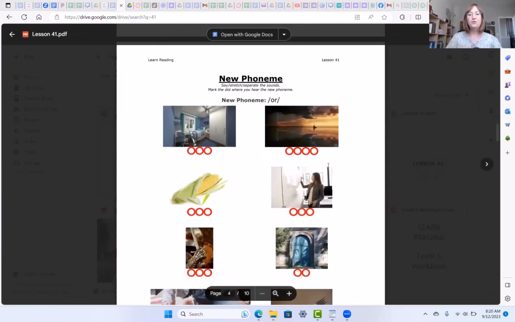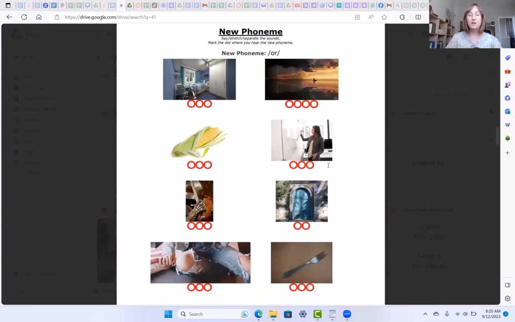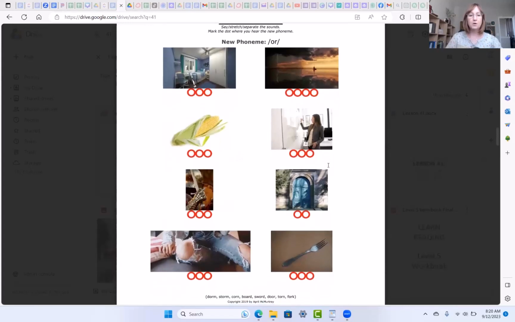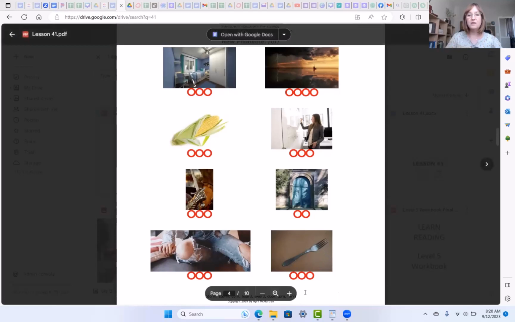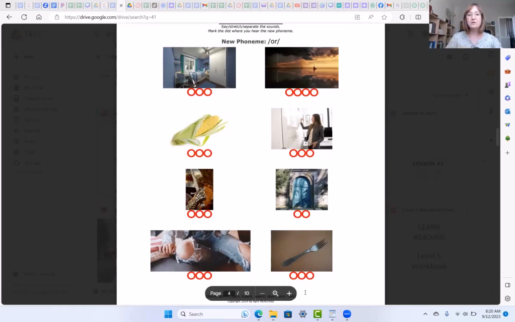And here are your new phonemic awareness practice pictures. If you have the worksheets, break apart each sound and mark where you hear the sound or. If you are working just with me, let's count how many sounds are in the word storm. Push pause, count how many sounds are in storm.